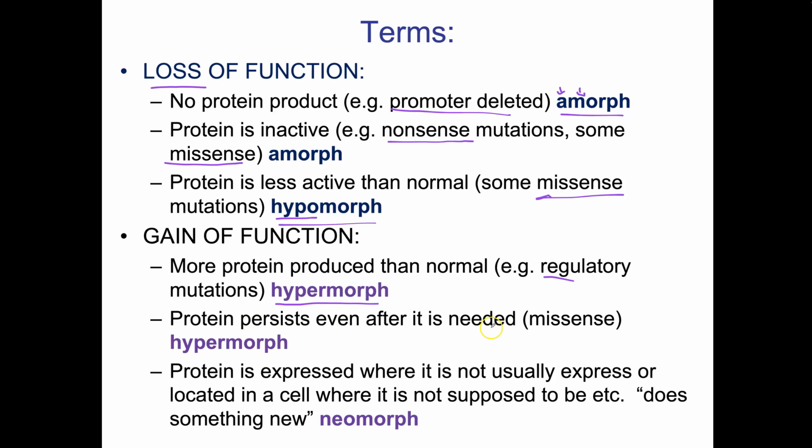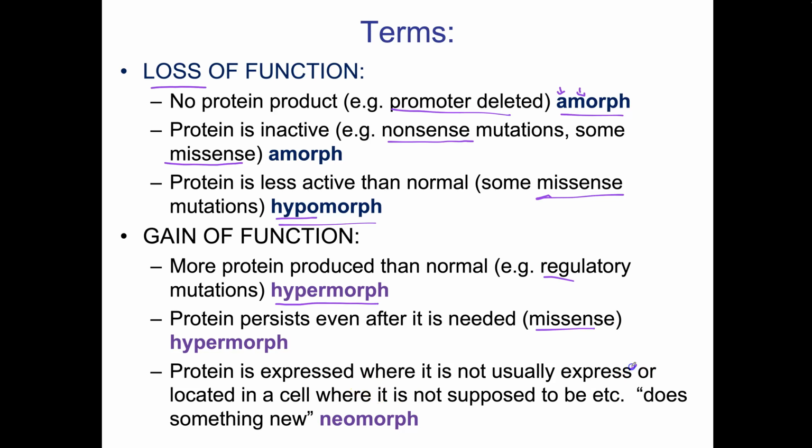So this could also be related to regulatory mutations, or missense mutations most of the time. Could also be nonsense, depends on the mutation. And then a protein is expressed where it's not usually expressed.